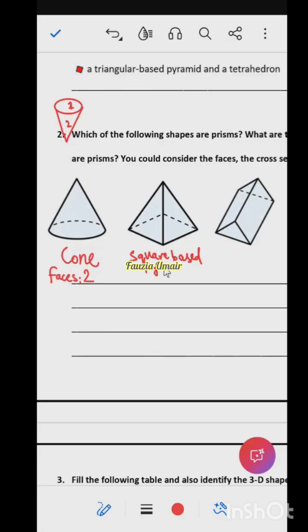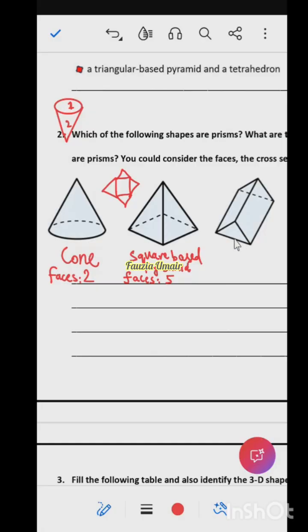How many faces does it have? If you open the shape up, 5 faces. Very good. There is a square in the base and 4 triangles. So there are a total of 5 faces. Now what is this?